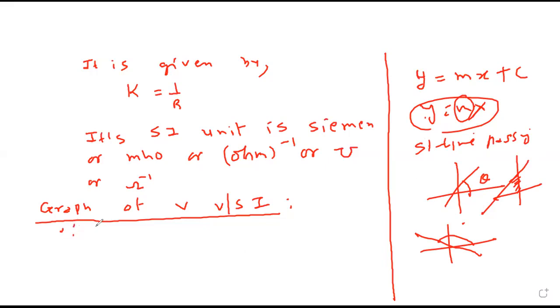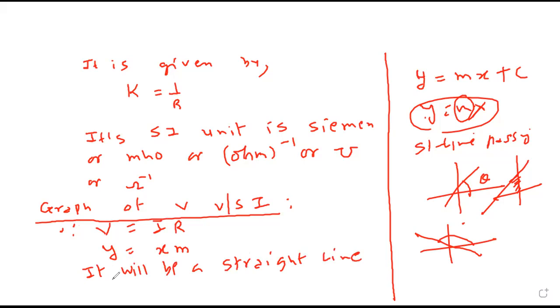Yeah. Okay. In our case, what is V? Is it IR? I want V along y axis and I along x axis. So this will be like y equal to mx. So can I say it will be a straight line because it is similar to my equation in maths for a straight line passing through origin.